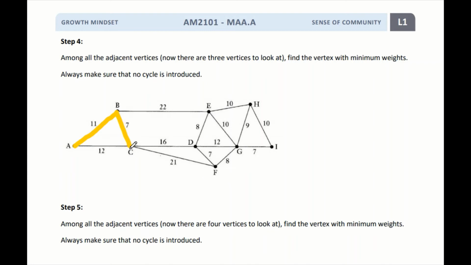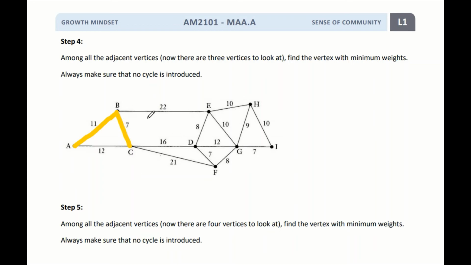But when we talk about a spanning tree, we are not going to introduce any cycle to the tree, am I right? So you are not going to draw anything on AC, because that's going to form a cycle. You can think of it as laying water pipes: if the water can already reach A, B, and C, then why would you add one more edge here? That's the idea you should have in mind when you solve this question.